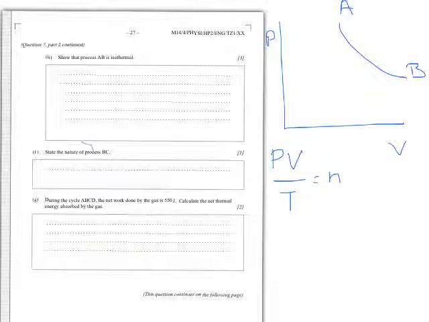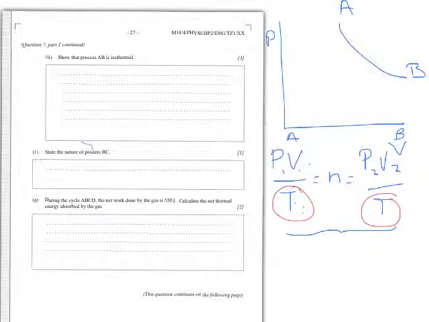So by changing the volume and the pressure, you would get a new situation, P2 V2 over T. Okay, so this would be at A and this would be at B. Now, for the temperature at A to be equal to the temperature at B, the product of pressure times volume should be equal. Okay, and if that's the case, then it's true that the temperature is the same.